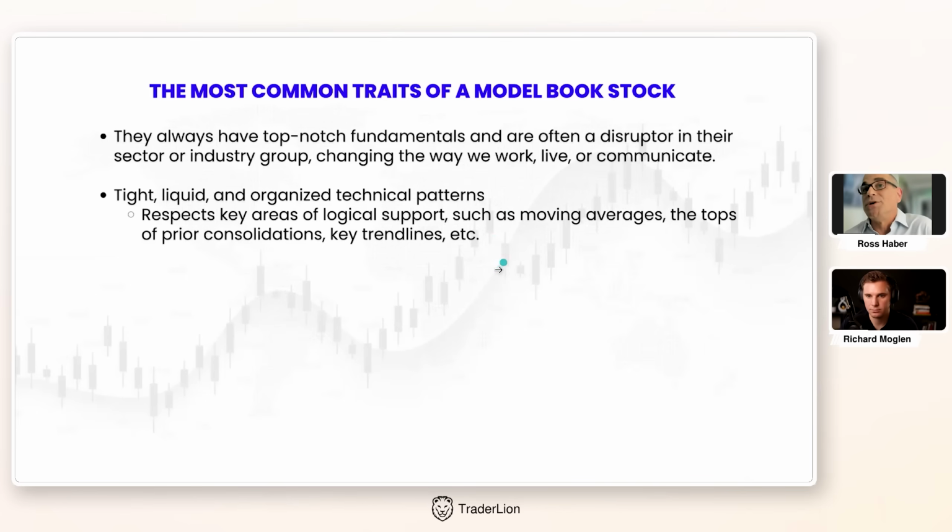However, as you see, I will still include the whippier stocks if all else is perfect, because I want to understand how many of those stocks show up, right? I always want to know, can I stick to the tight, liquid, organized, aggravation-free patterns and not worry about missing an SMCI if I don't want to touch it? And the answer is yes, right? So for me, those are my ideal key model book stocks. I want to include reality.